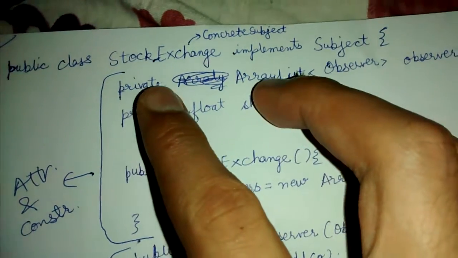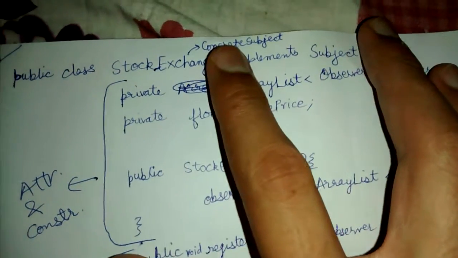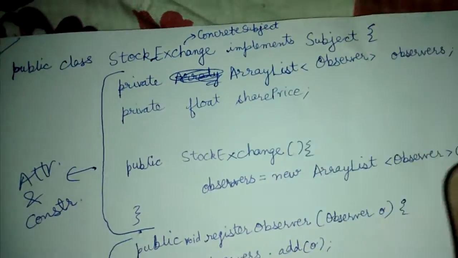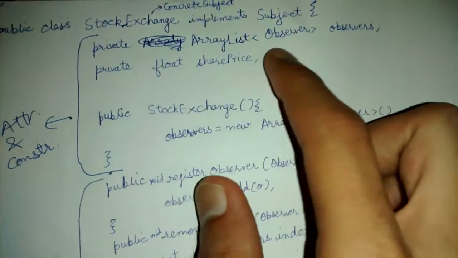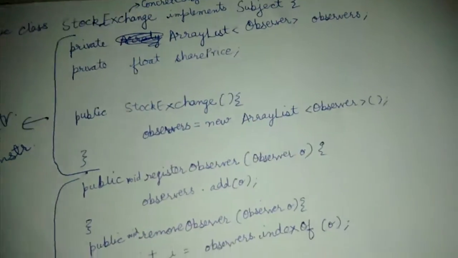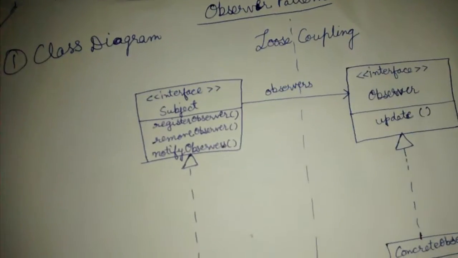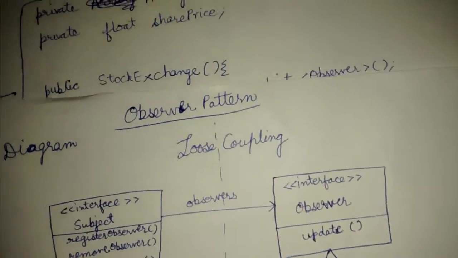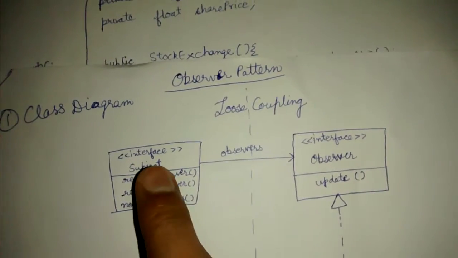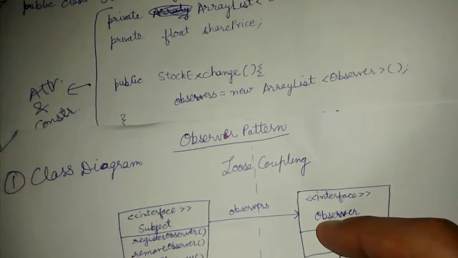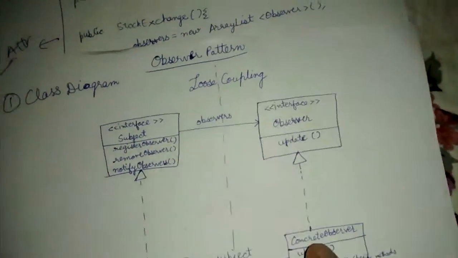So stock exchange is implementing subject. It is equivalent to the concrete subject which we saw in our class diagram. It is maintaining an array list of observers. So in our class diagram, what we saw was subject is associated with an observer, not a concrete observer.